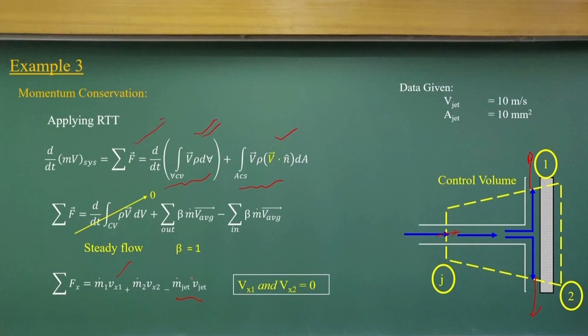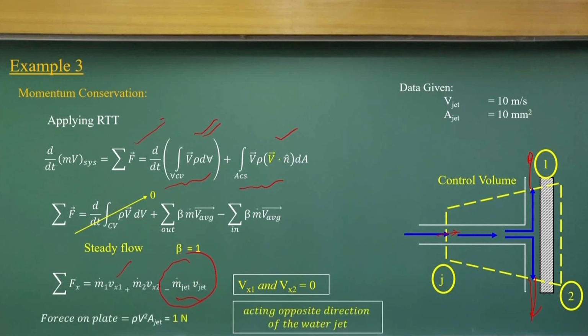But as you remember, these two velocity components are 0. So, only this component will be there, which is the momentum flux V z rho v square a z.